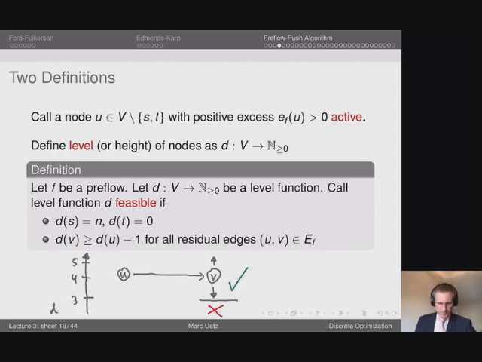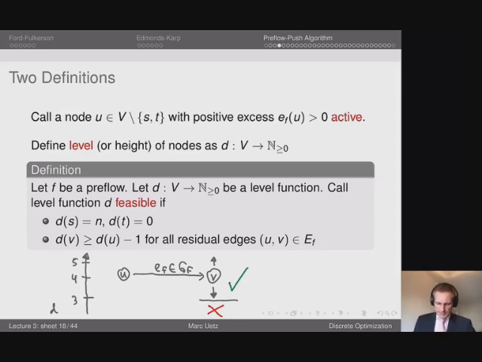Moreover, I require that the level of a node V is at least the level of a node U minus 1 for all the residual edges. So if I have a residual edge here, that's an edge in the residual graph G_F of the corresponding preflow.